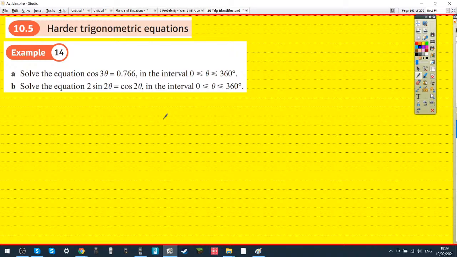Divide by 3? No, it's inside a cos, so you have to get rid of the cos first. Inverse cos both sides.